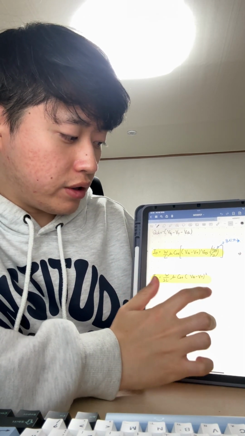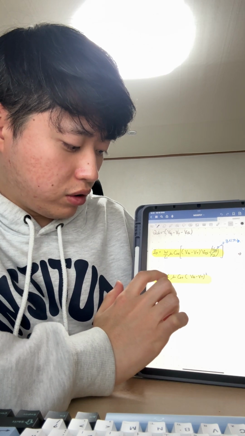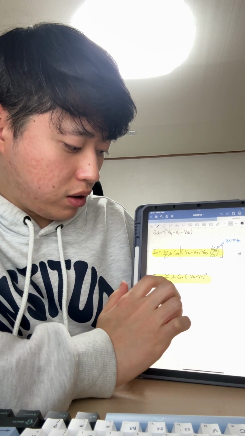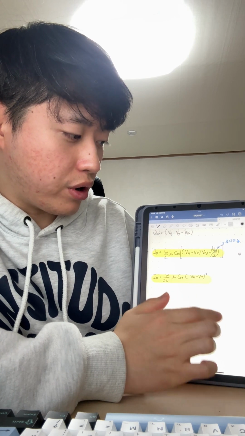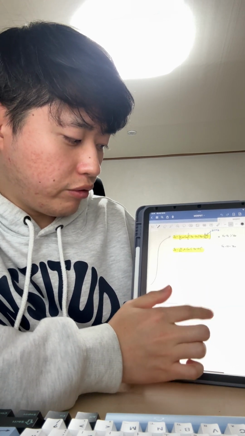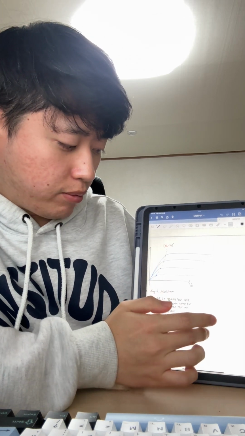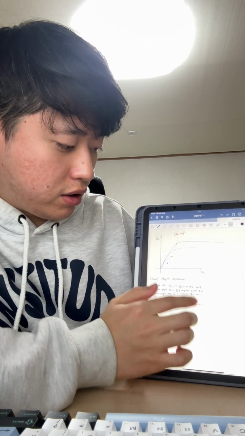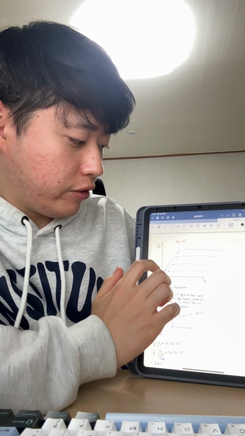So there is no VDS; it is W over 2L mu Cox (VG minus VT) squared. We have to remember this, very important.